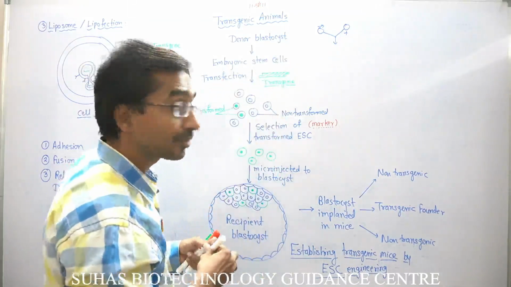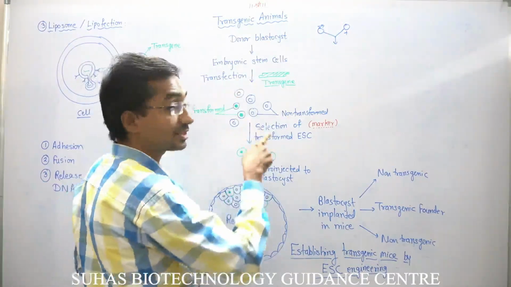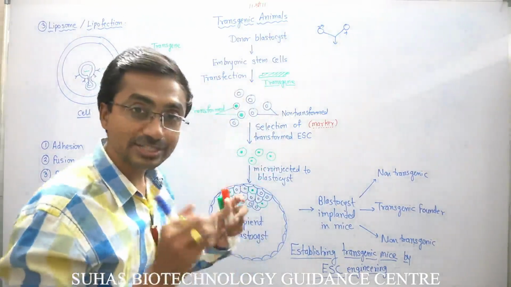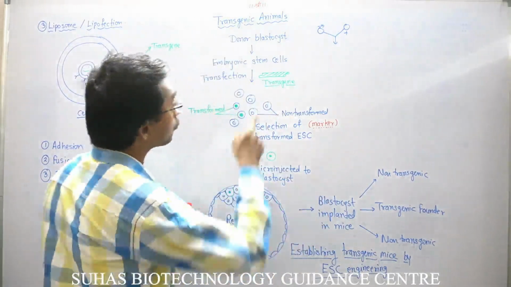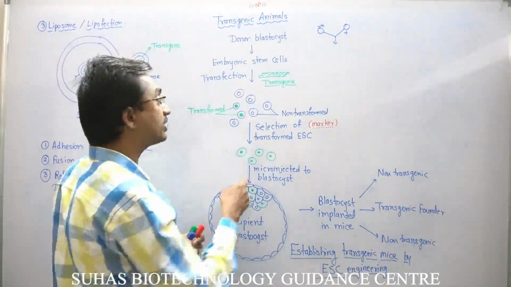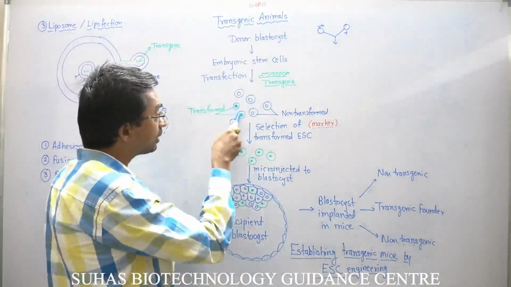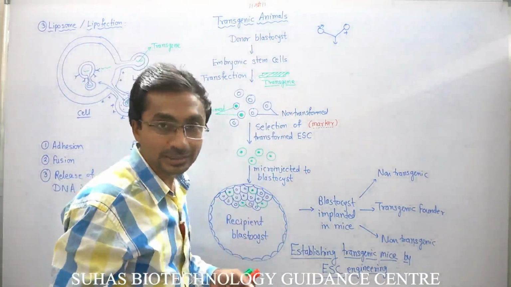And now, with embryonic stem cells, we are going to incubate the transgene. This is the transgene. Many copies of this transgene are kept with the embryonic stem cells, and transfection takes place, in which this gene is transferred into the embryonic stem cells, and some of them get transformed while most of them remain non-transformed.